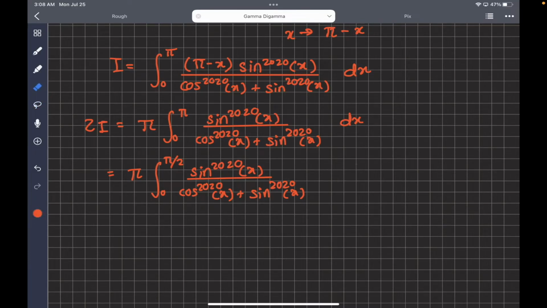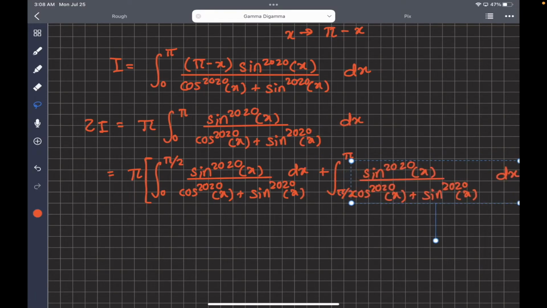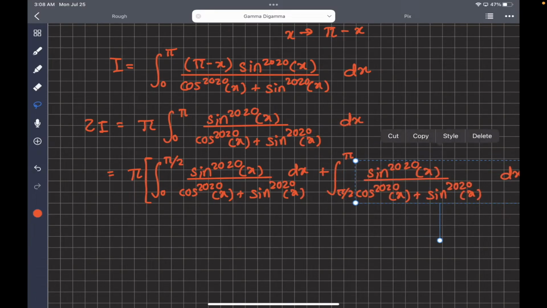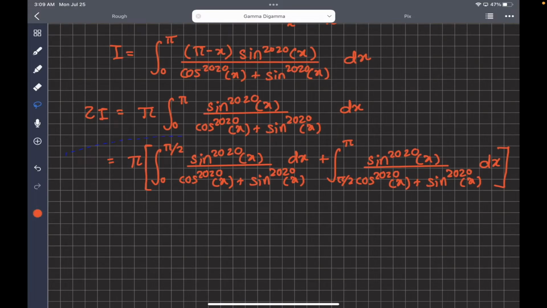Maybe I'll move the dx a little over there. Plus, maybe I could bracket like that. Pi over 2 to pi, and then the integrand, which I will nicely paste here. This is really nice.